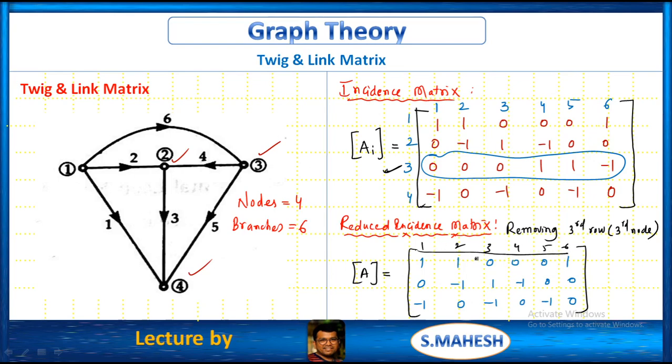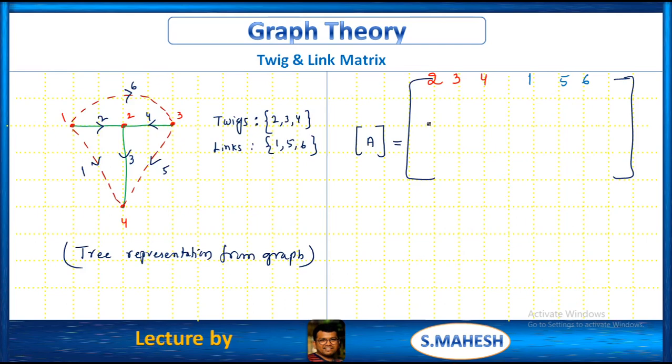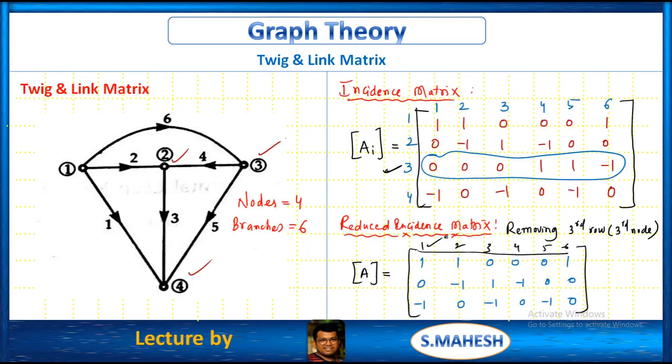From this 2 3 4 you have to write, that is 1 0 0, minus 1 1 minus 1 0, minus 1 0, that comes under the twig matrix. So that is 1 0 0, minus 1 1 minus 1 0, minus 1 0, like that. For 1 5 6, that is 1 0 minus 1, 0 1 0, 0 0 minus 1, minus 1 0.